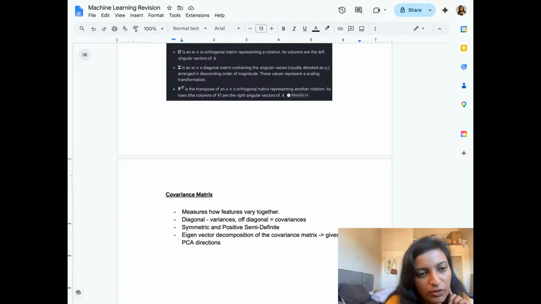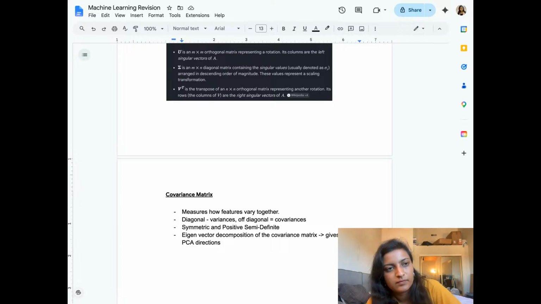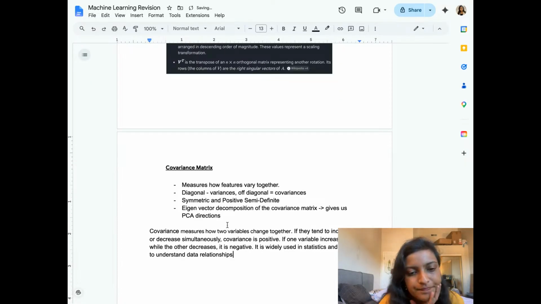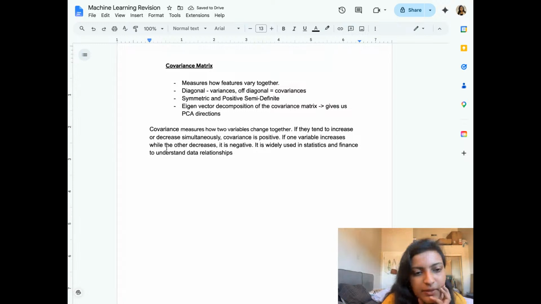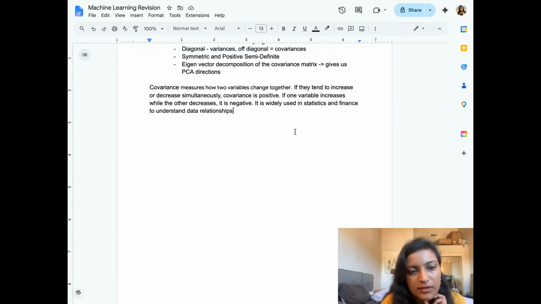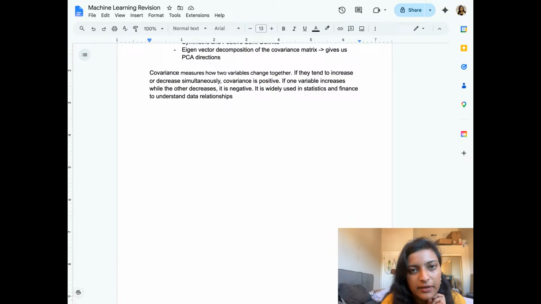Covariance measures how two variables change together. If they tend to increase or decrease simultaneously, covariance is positive. If one variable increases while the other decreases, it is negative.